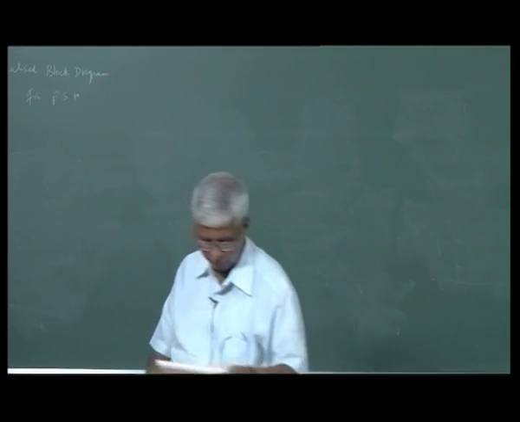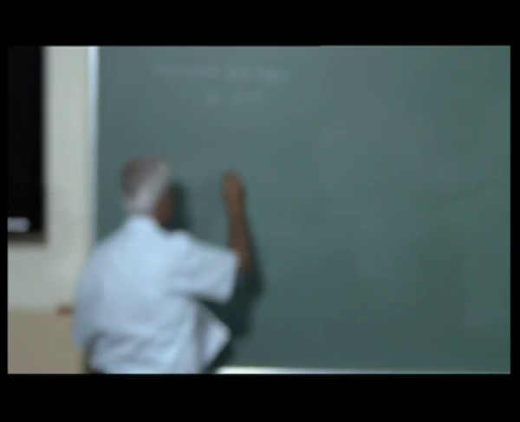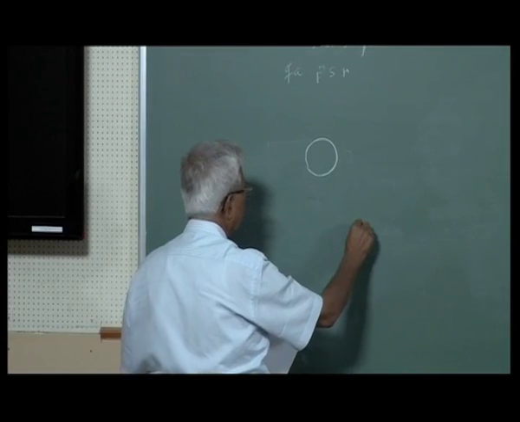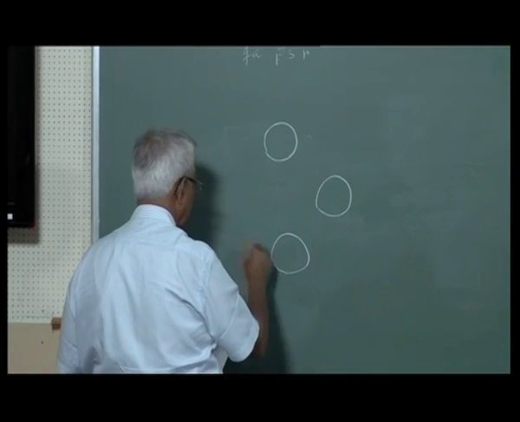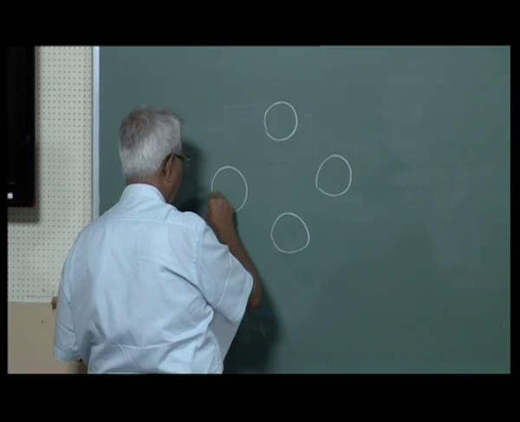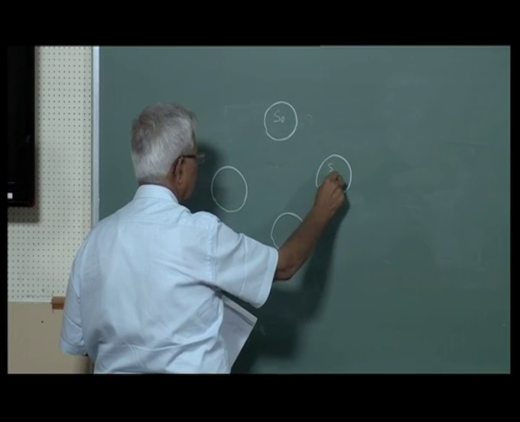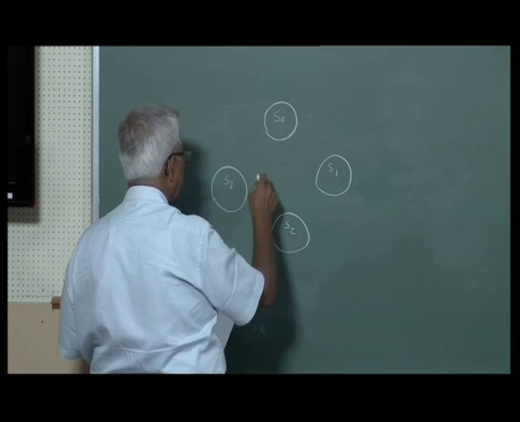Suppose I have a 4-state machine. These are 4 states called S0, S1, S2, S3.